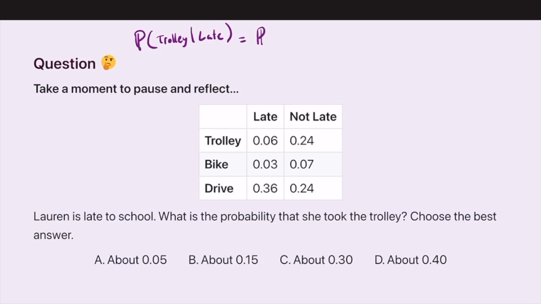So here we have the probability of trolley and late over the probability of being late. And this is equivalent to saying, this will get a little bit messy, so we're talking about being late.